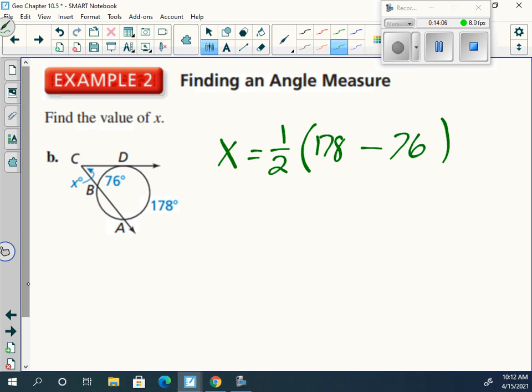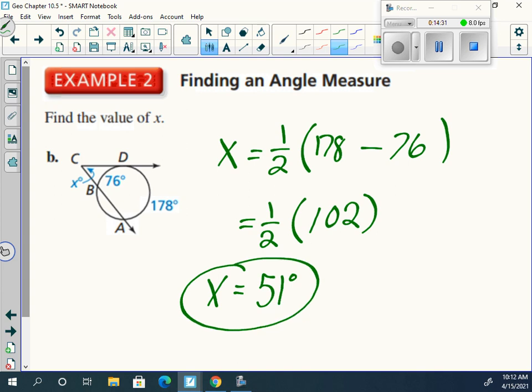So we're always going to do bigger minus smaller. So we're going to do 178 minus 76, which would give us 102. And if we take 1/2 times 102, we get 51 degrees. So the measure of angle x would be 51 degrees.